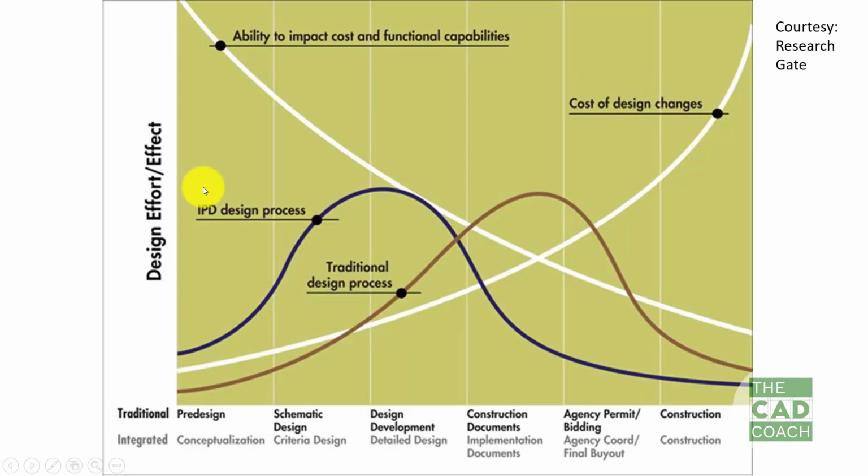The whole Integrated Project Delivery concept can be explained by this graph. Let us take it slow and steady. Whenever a graph is shown, we need to understand what the x-axis and the y-axis are. The x-axis is time, explained in terms of different construction phases: pre-design, schematic design, design development, construction documentation, agency permit, bidding and construction.